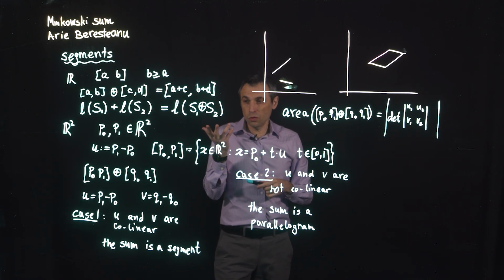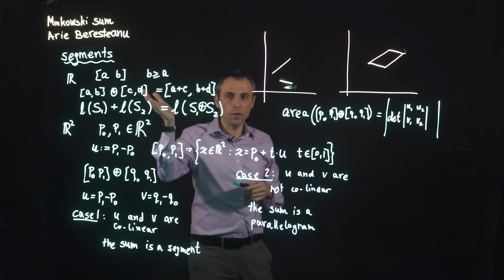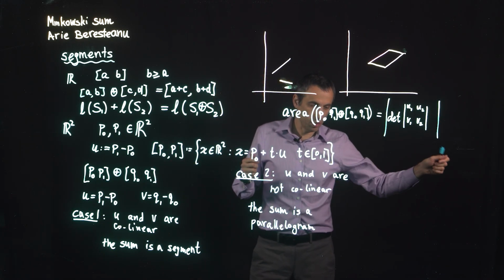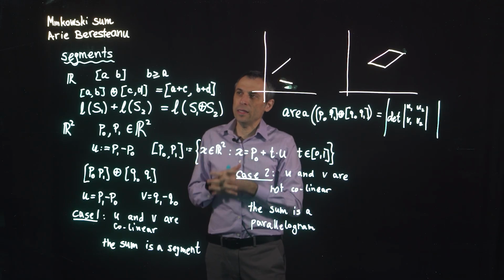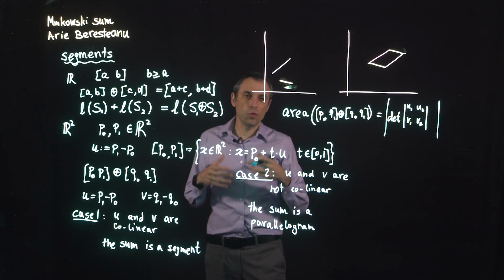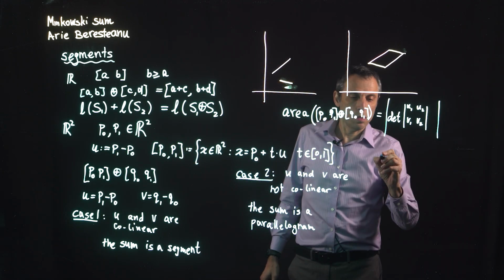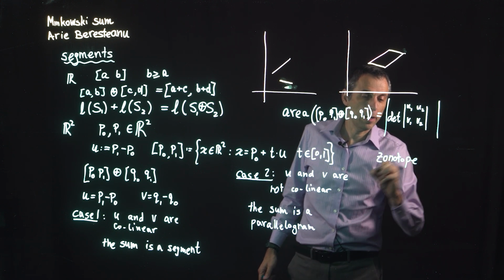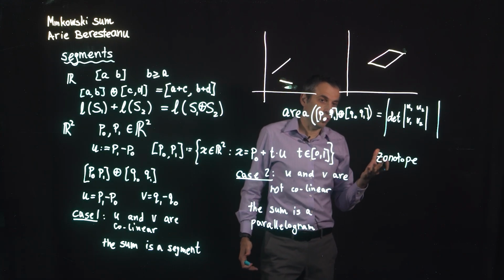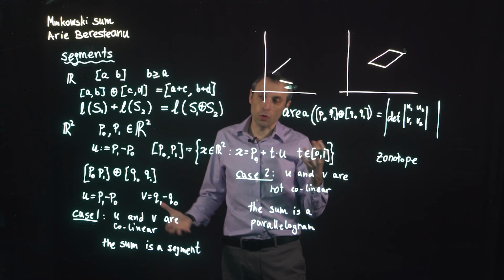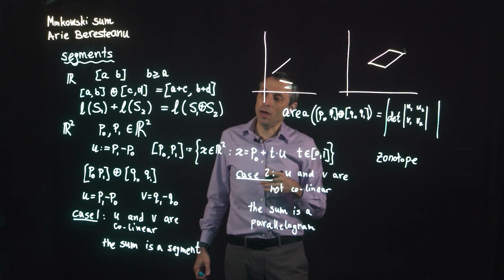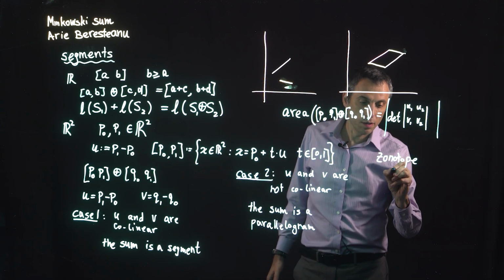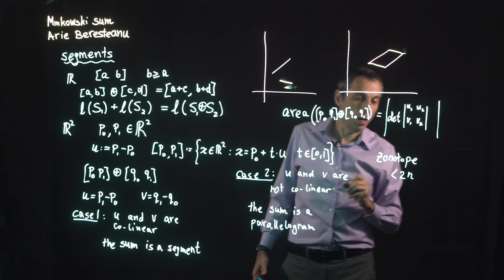If you have more than two segments that you are summing, in R it's simple: it's just the sum of the lower bounds and the sum of the upper bounds. In R2, the result of summing n segments will give you a zonotope, a polygon in R2, which is going to have at most 2n vertices.